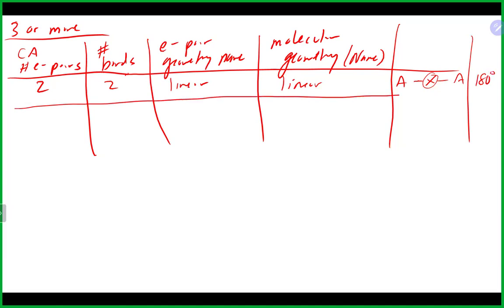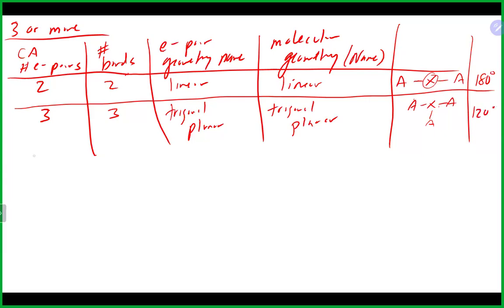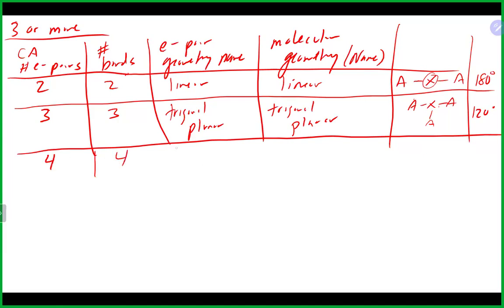We then also talked about a geometry of three electron pairs and three bonds, so something that maybe looks like so. That would be trigonal planar, and also trigonal planar for both of those names. It has a bond angle of about 120 degrees. Then we talked about a molecule with four electron pairs around the central atom and four bonds.